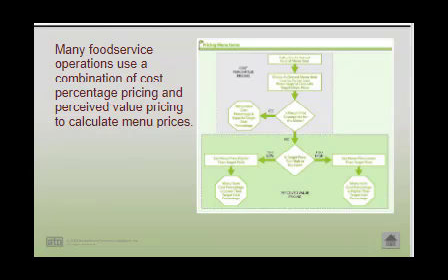The first involves adjusting a target price to look like a price customers have become used to seeing on menus. Therefore, the actual cost percentage of the menu item will be slightly higher or lower than the target cost percentage. The second aspect involves adjusting a target price so that customers will view the price as reasonable relative to other items on the menu and similar items sold elsewhere.